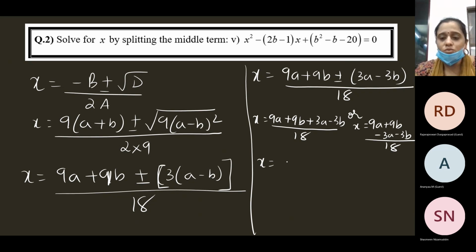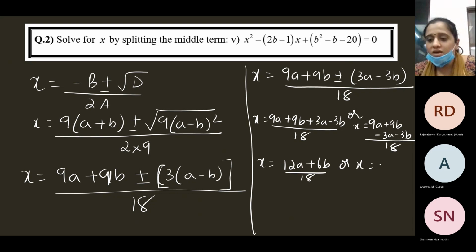So x is equal to 12a plus 6b by 18, or x is equal to 6a plus 6b, yeah, by 18.